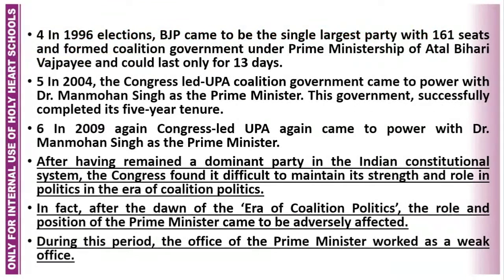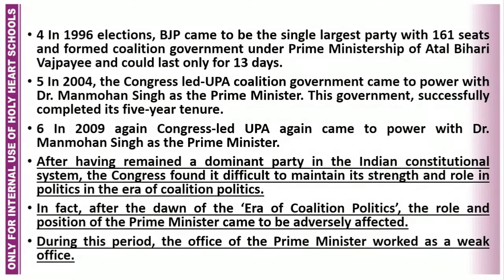In the 1996 elections, the BJP came to be the single largest party with 161 seats. You see, the number is just 161, and to form the government, a party needs 273. So it was the largest party, not the majority party.